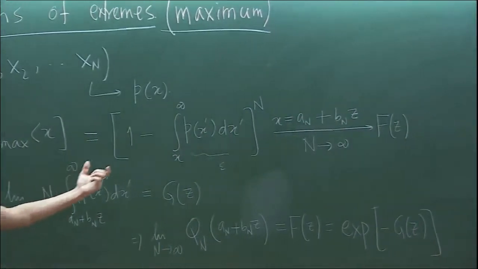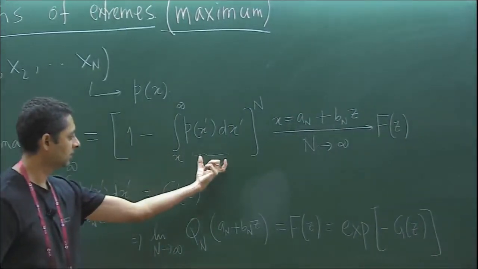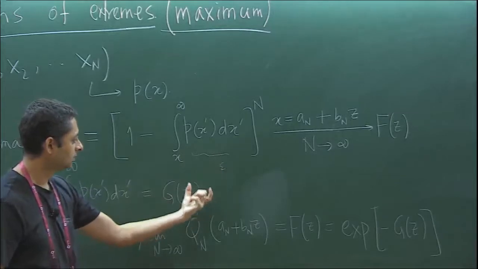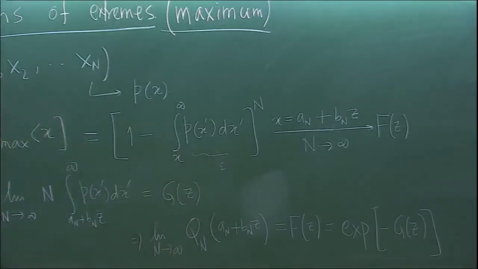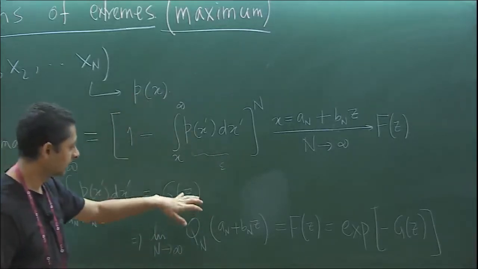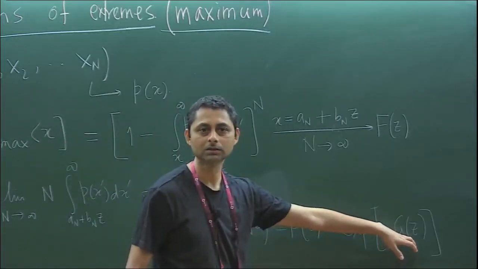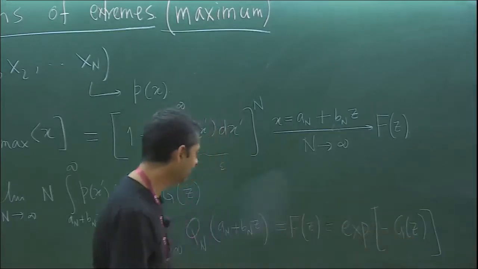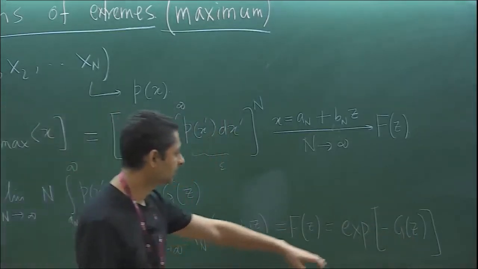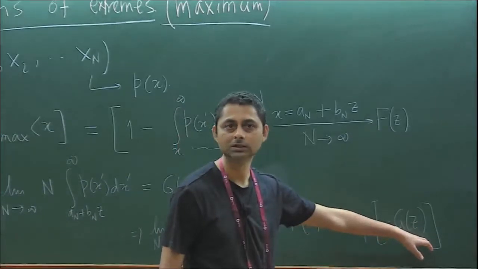Because in that case, this is a small number, this is of order 1 over n, so then you can take it to the exponent, and then in the limit n going to infinity, it just becomes this one, right? Is it okay? Okay. So now we have to find out what is this function g of z, right?